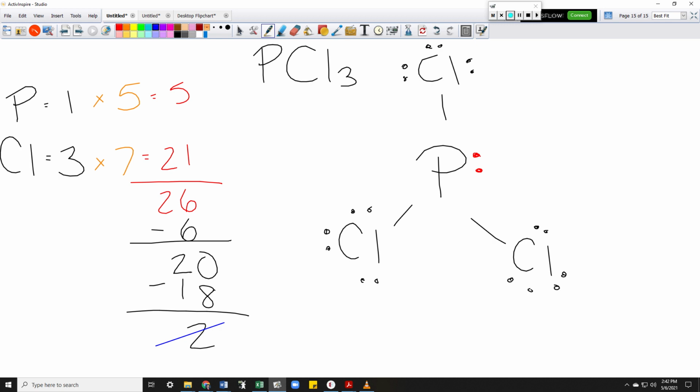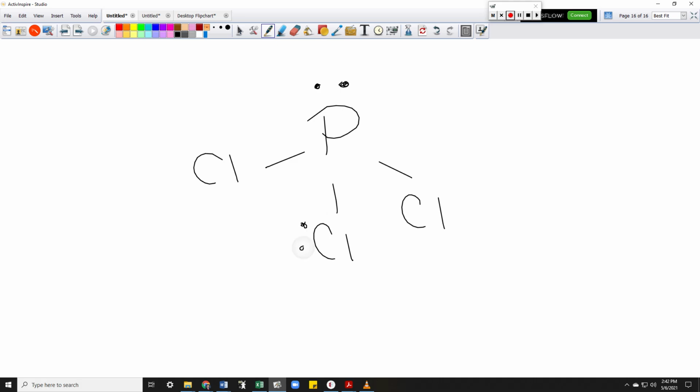Here's what we're going to do. This is the correct shape that you're going to have to draw on the test for this molecule. So P, 2 dots on top, Cl, Cl, Cl, with each one of them having its 3 lone pairs.